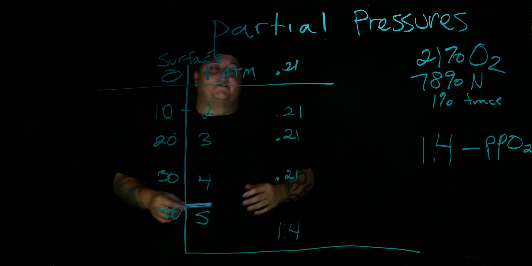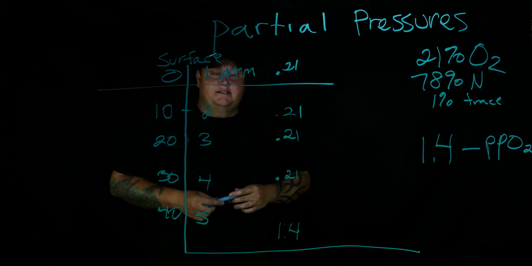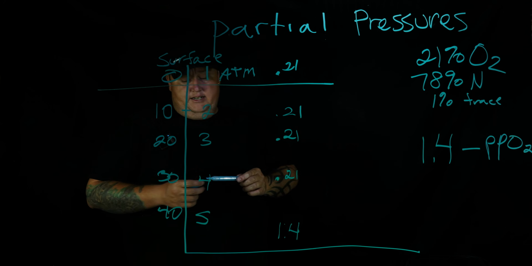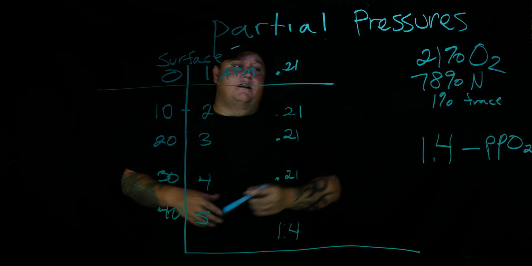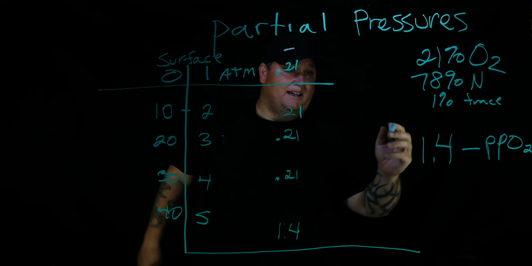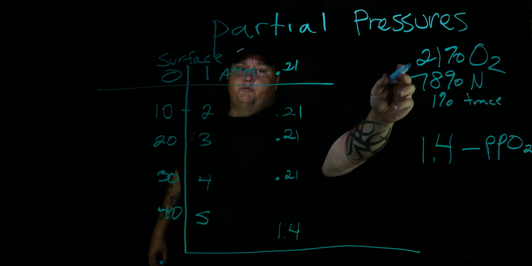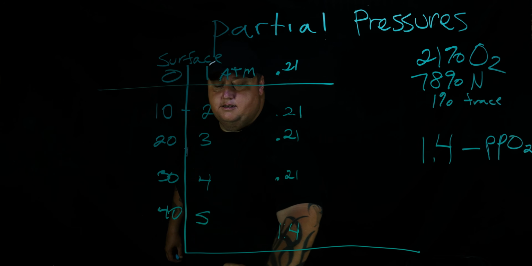In another video, we actually talk about how to calculate your max operating depth with different mixes. And as you can imagine, this is just air. So I believe, I'm not going to do the calculation, but in my head, our max operating depth, our MOD, for air, 21%, is about 56 meters.